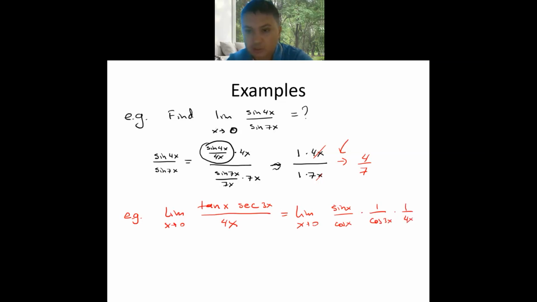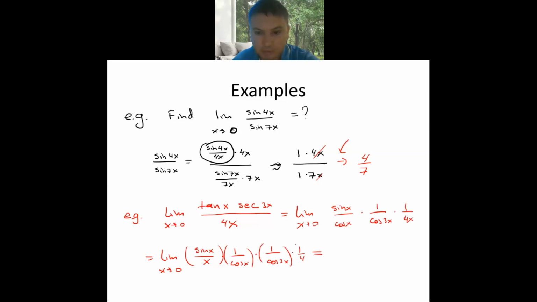We know sine x over x is 1, so this will take care of the denominator x. So we can avoid this problem by letting sine x over x, and then we get 1 over cosine of x times 1 over cosine of 3x, and also 1 over 4. Now we can evaluate using the product rule of limits.